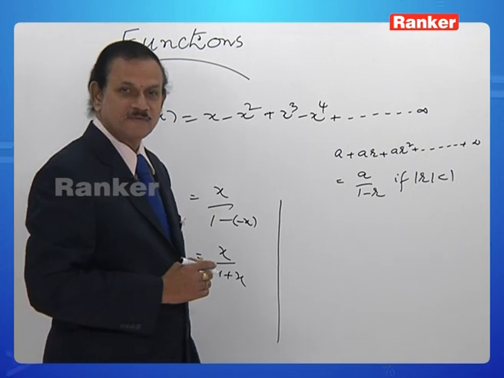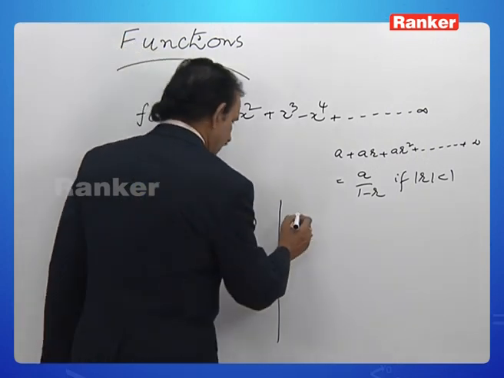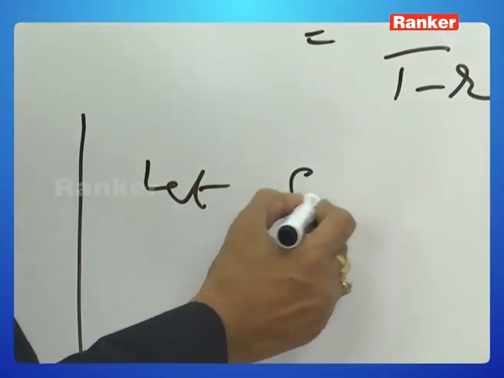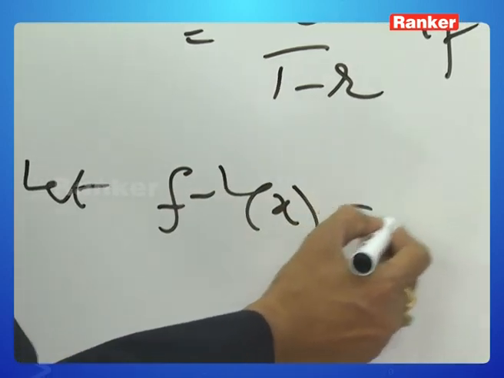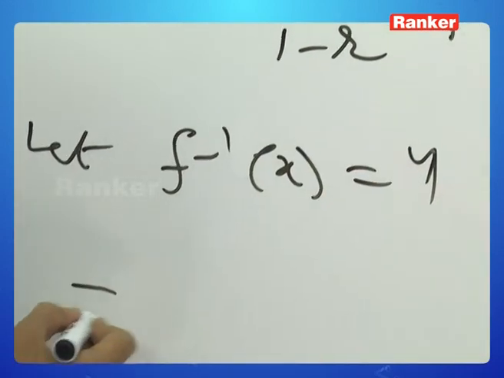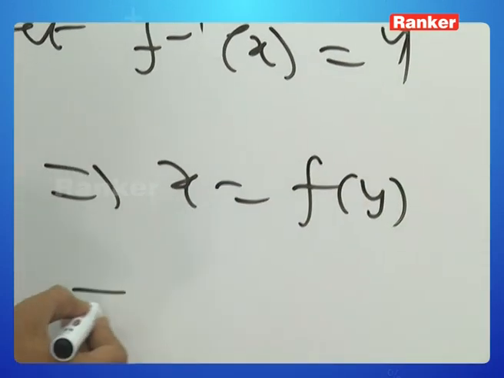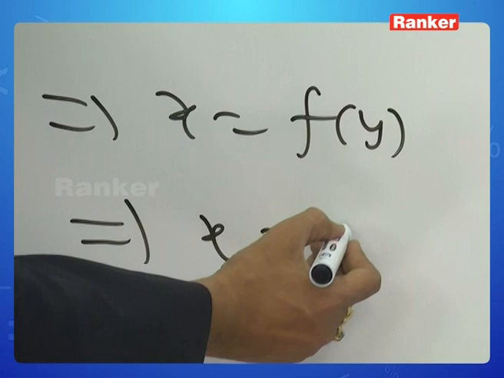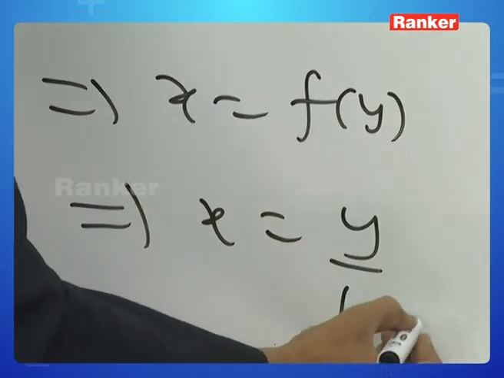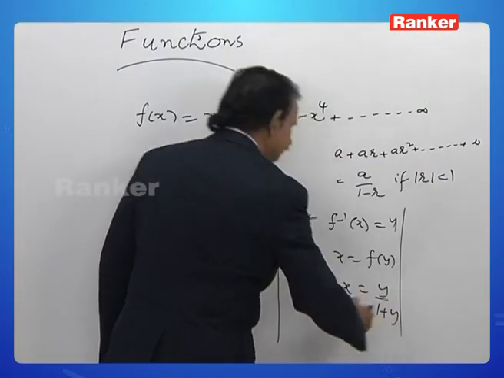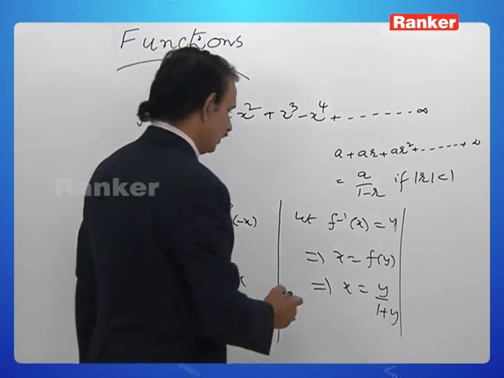We have two types of procedure. Number one, let f inverse of x is equal to y. Implies x is equal to f of y. Implies x is equal to y by 1 plus y.